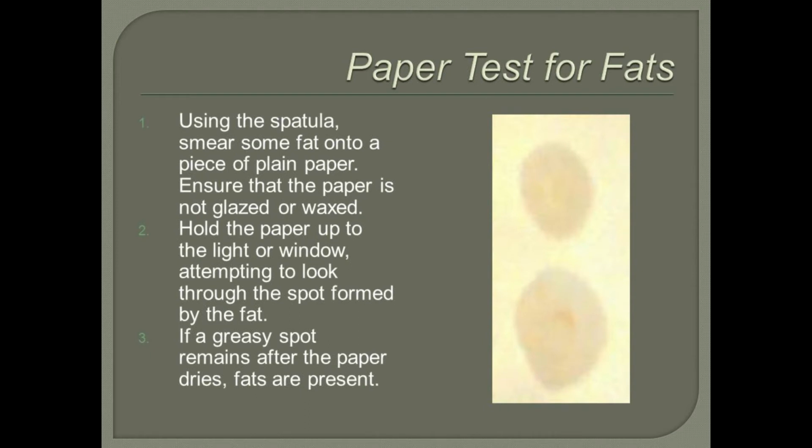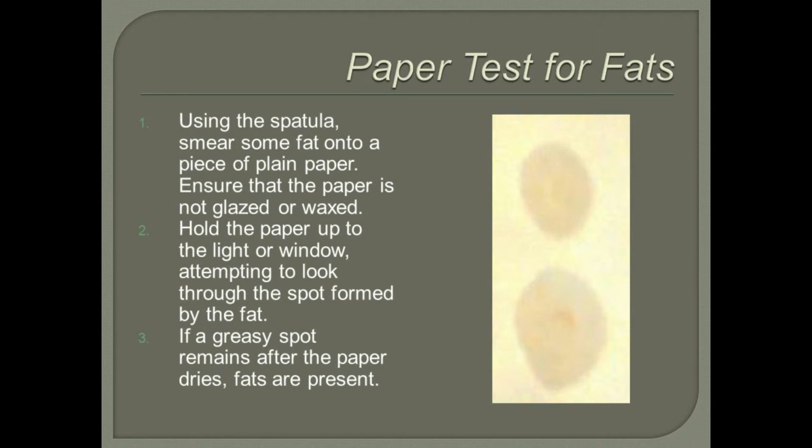Wrap the food item in a piece of paper and crush it. Then straighten the paper. Dry the paper by keeping it in sunlight for a while, and after that observe the paper. An oily patch on the paper indicates the presence of fats in the tested food item.